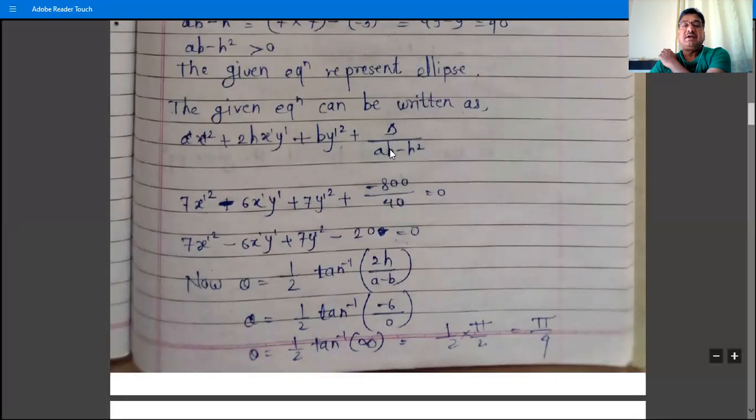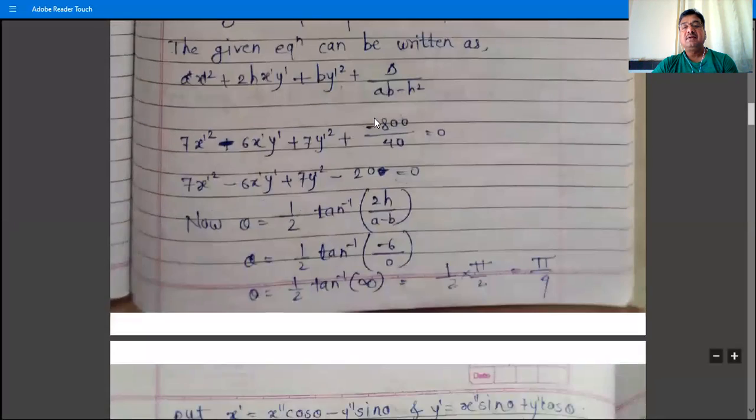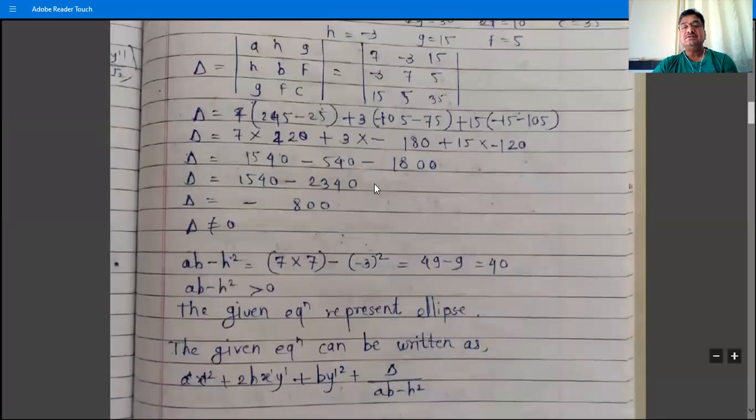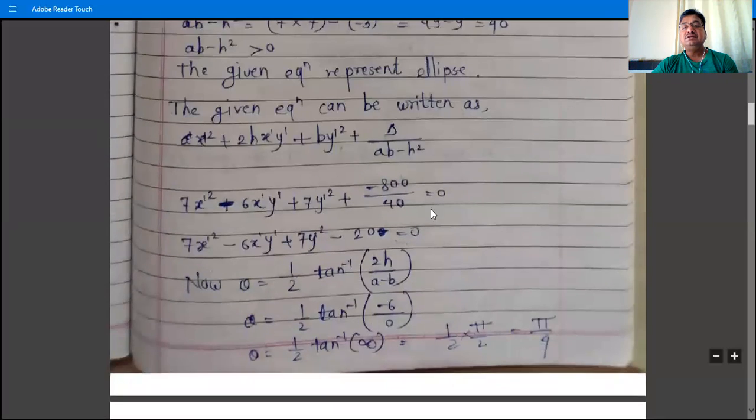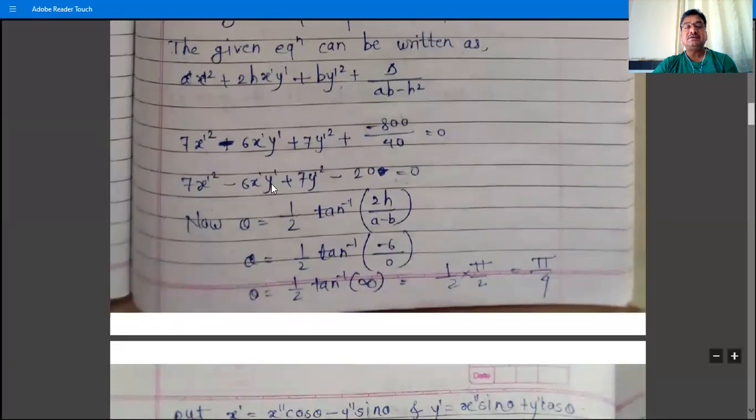This is the second method, the direct formula. So what do we have? a is 7, twice h is minus 6, b is 7, and delta is minus 800 divided by ab minus h square, which is 40, is equal to 0. And then we have 7x dash square minus 6x dash y dash plus 7y dash square minus 20 is equal to 0.